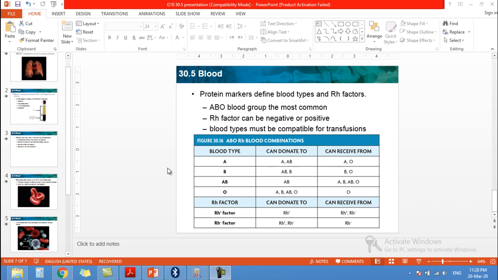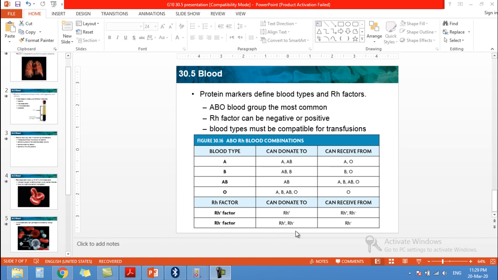The Rh positive can donate to Rh positive, and can receive from both Rh positive and Rh negative. Now the Rh negative receives from Rh negative only, but it can donate to Rh positive and Rh negative, so it's like the O in the ABO group.